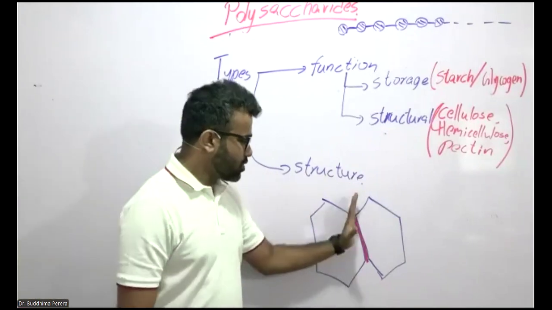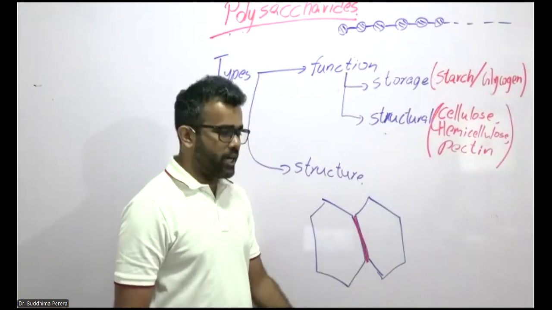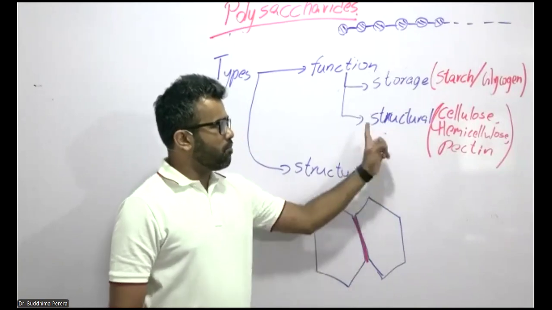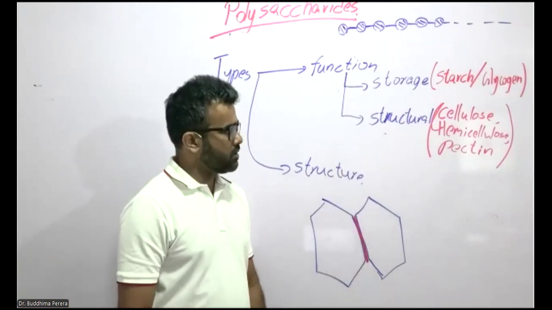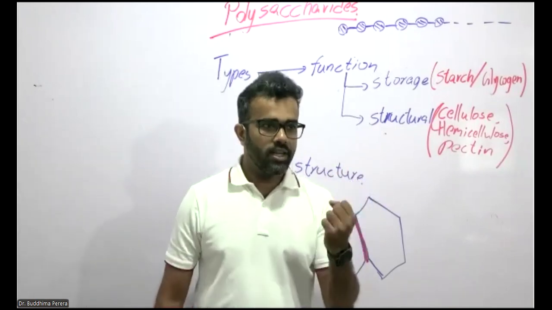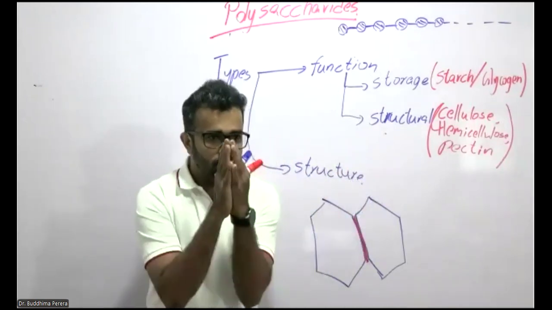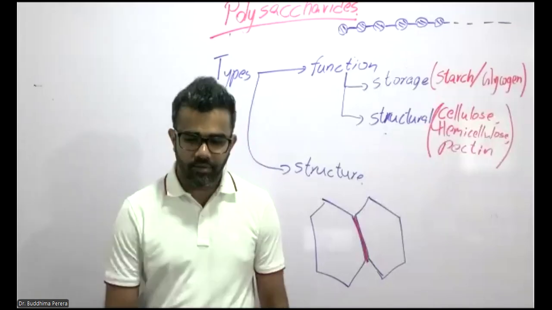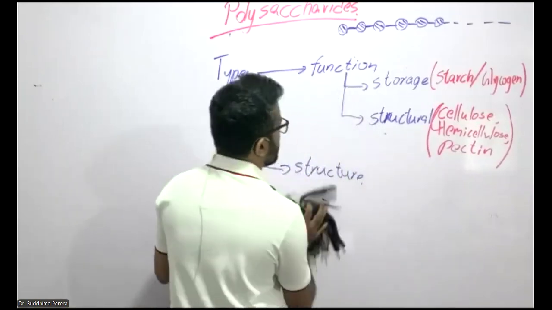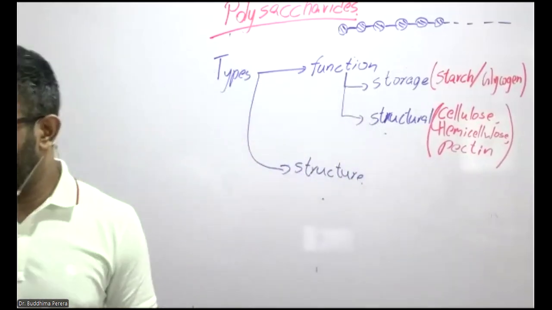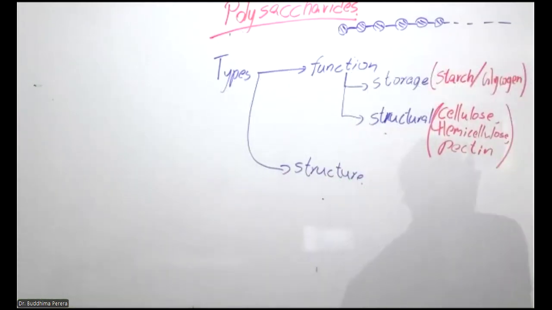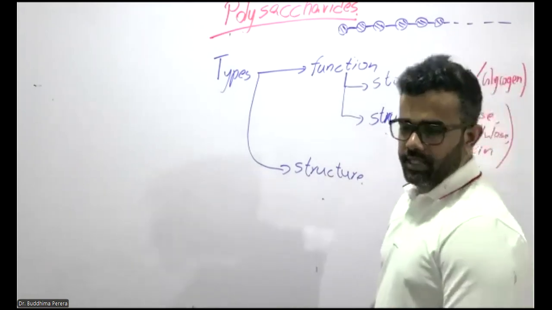The middle lamella is made of pectin, a sticky polysaccharide. It's like a glue. It glues two cells together. So here you have to remember the examples for storage polysaccharides and examples for structural polysaccharides. And it's easy, right?